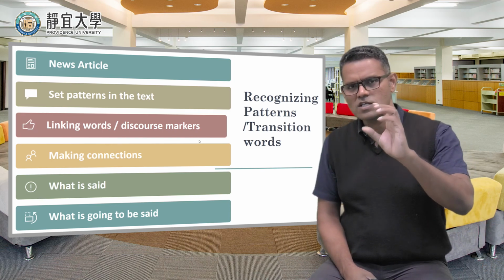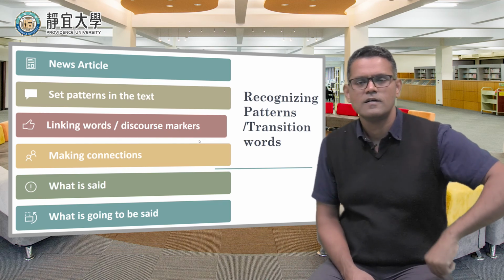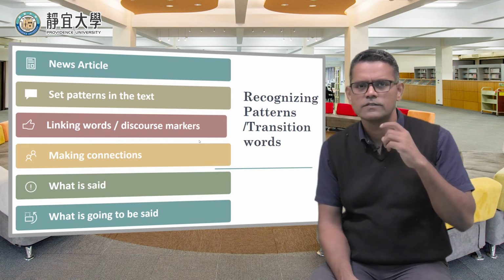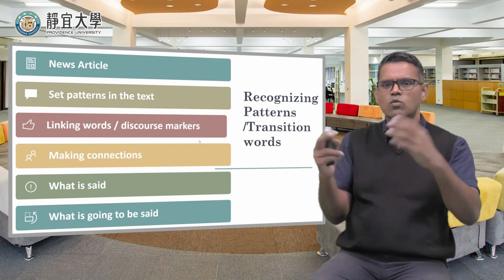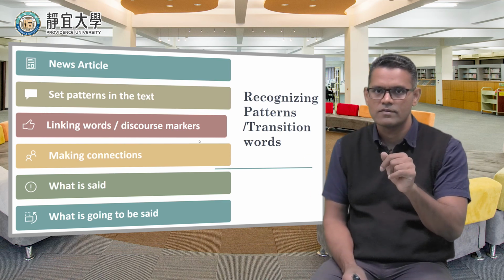So based on these transitions, you can understand the ideas behind the sentences or the concepts. So try to take one news article and look for these transition words. That's what we are going to do now, okay?